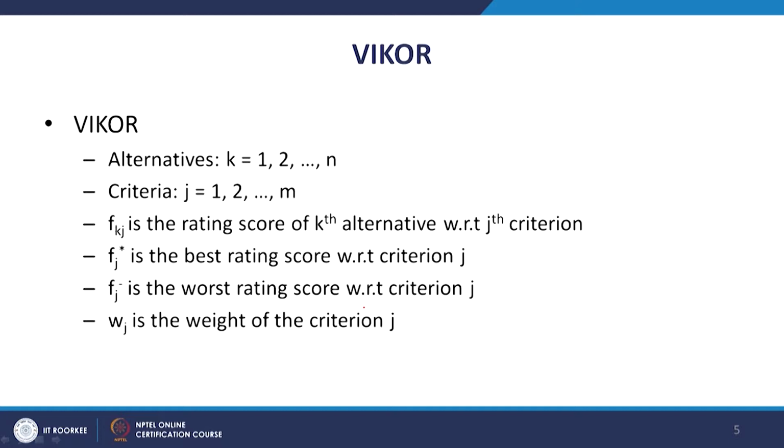And Fkj is the rating score. Just like in TOPSIS, where we need the performance table, the performance scores of various alternatives with respect to different criteria, here also we are supposed to have these scores, where Fkj denotes the rating score of the kth alternative with respect to the jth criterion.